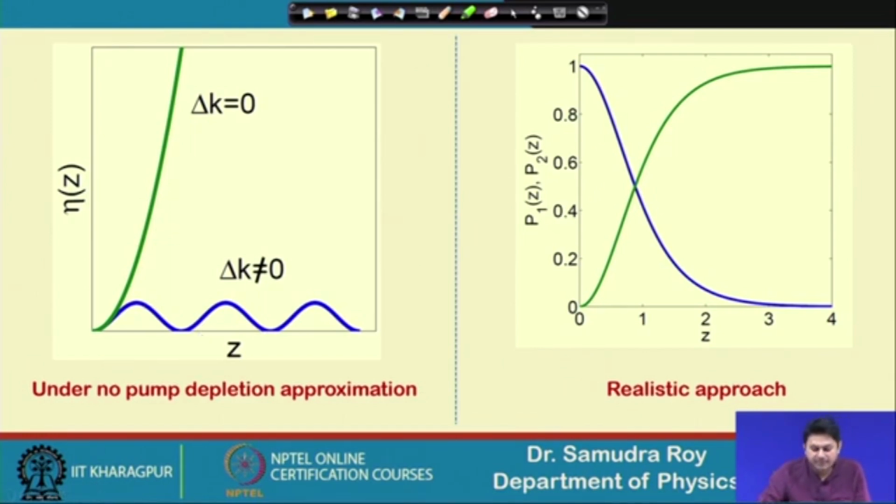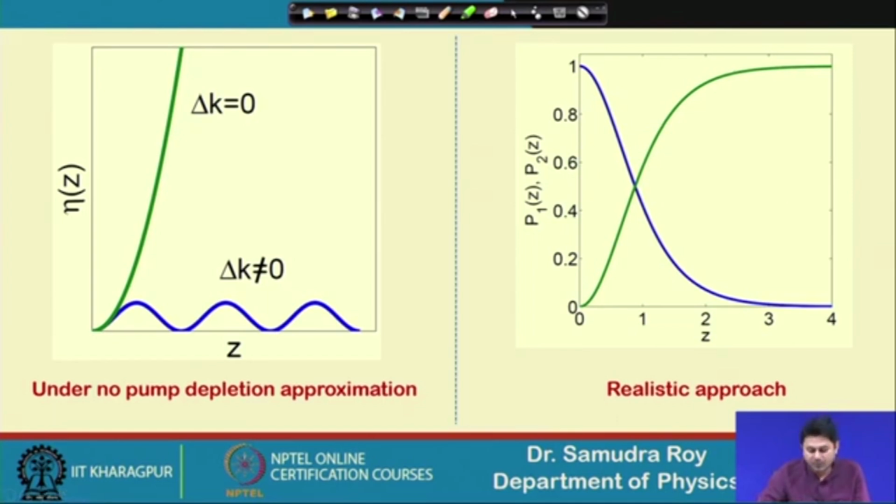In this realistic approach, whatever value we are getting at the delta k equal to 0 point, initially the structure is something like that. Here also it is increasing, and we also get some kind of increment, but after that, in the old picture it is not saturating, whereas for the realistic case we find that it is saturating to some point, which is more realistic.